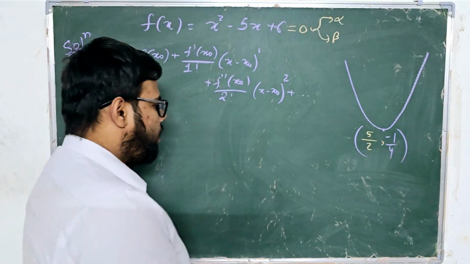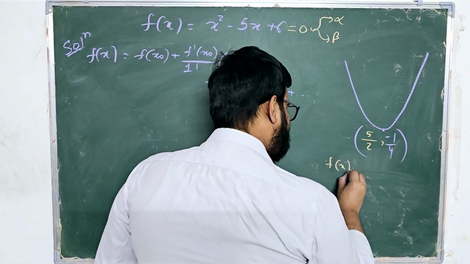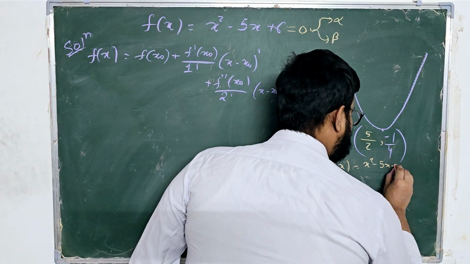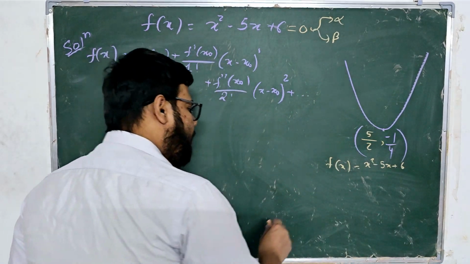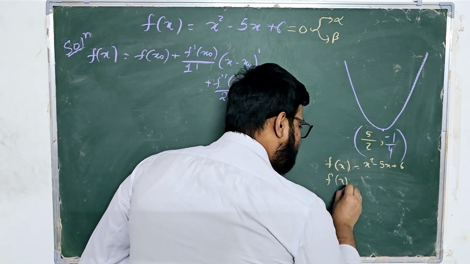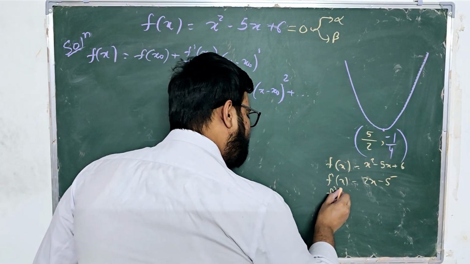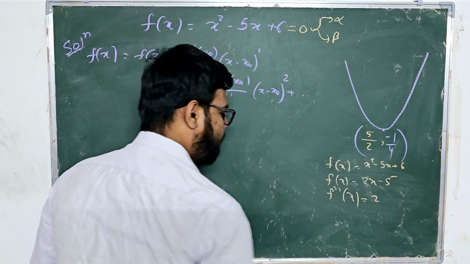Now notice one thing, f(x) we were given in the question itself, x² - 5x + 6, right? And f'(x) was 2x - 5, correct? And f''(x) was 2.